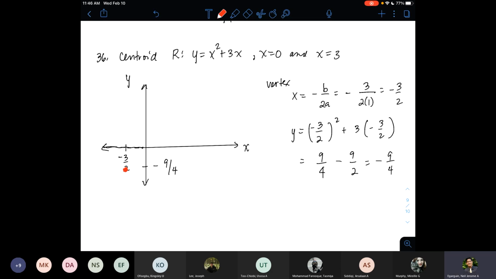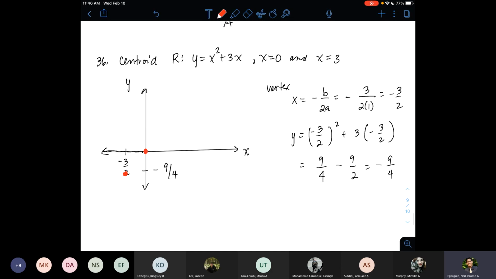That's the vertex, and it's a parabola opening upward. If x is 0, y is equal to 0. And when x is equal to 3, y is 9 plus 9, which is 18. So there you go.